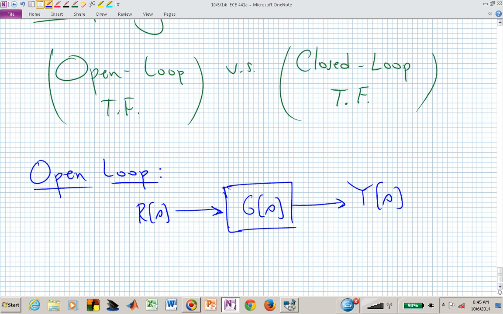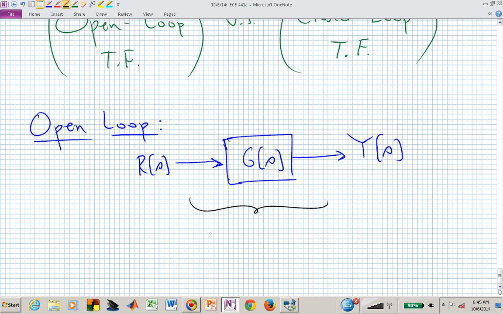What is our transfer function between the input R and the output Y? What is T open loop of S? G of S. It's open loop.